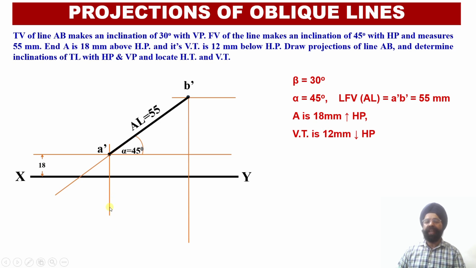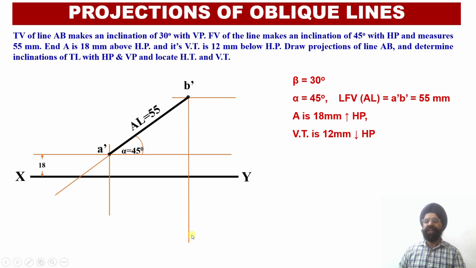That is, point A will be lying onto this vertical projector which has been drawn through point A. Similarly, I have drawn another vertical projector line through point B dash over here, such that the point B location will be obtained along this particular vertical projector line. Why? Because A dash and A will lie on the same vertical projection line. Similarly, B dash and point B will also be lying onto this vertical projector line.